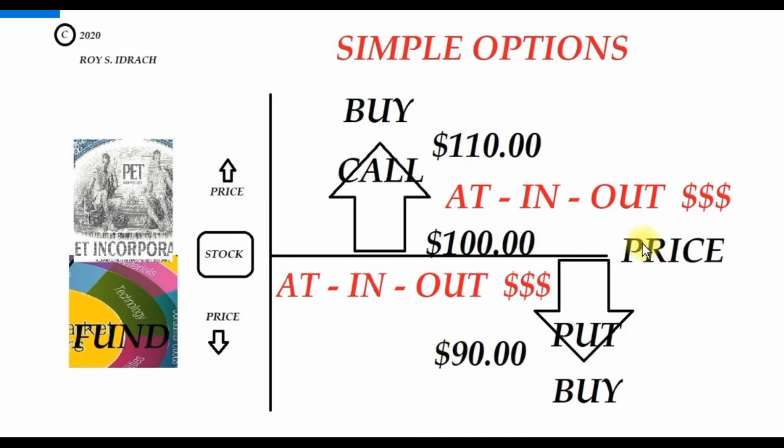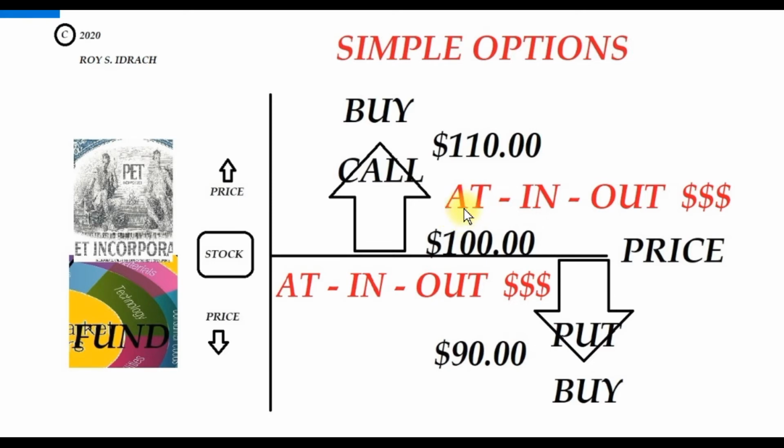So if you buy a put instead of buying a call, that means the price has to go down, and you can buy that put the same way. You can buy the put at a strike price of $100. The strike is 100, so you can buy it at the money, or you can buy a little bit higher than 100, let's say 105.